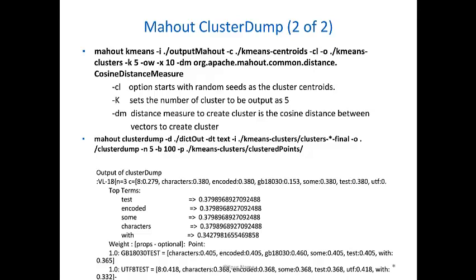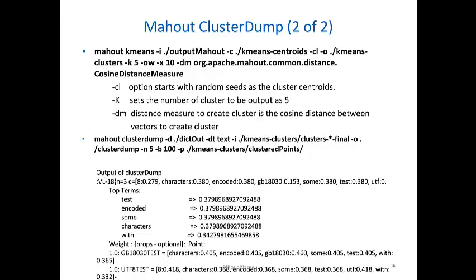So to begin with, there are no clusters, so Mahout can use random seeds, and from there on, it will keep on improving upon its cluster definitions. -k is basically the number of clusters we want, and dm is basically the distance measure. It's through the distance measure that Mahout figures out how close two vectors are to be identified as belonging to the same cluster.